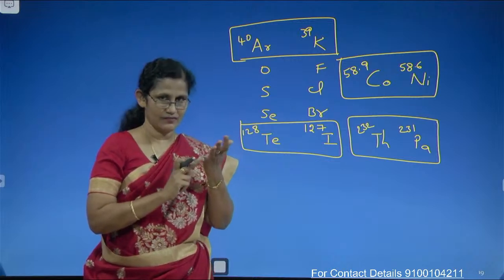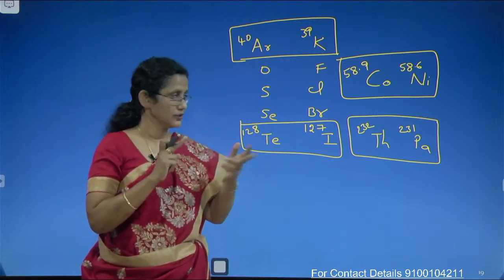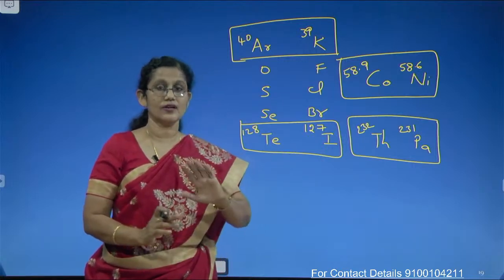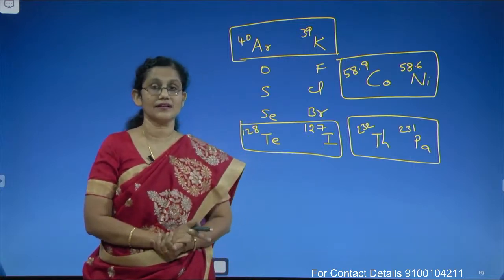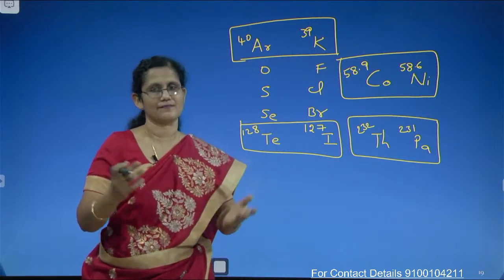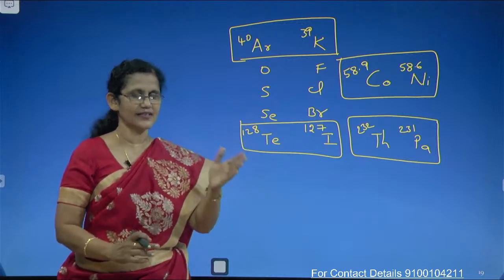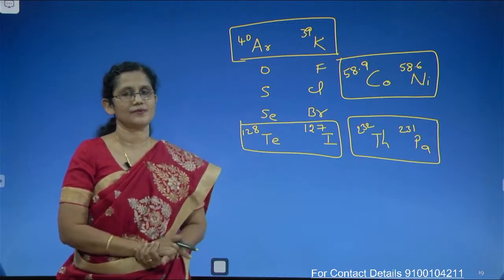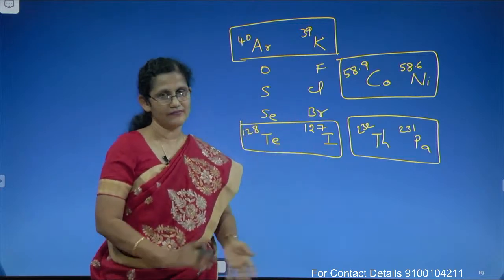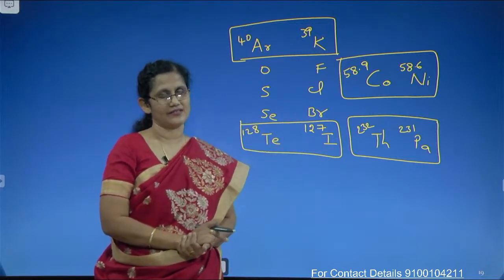Argon potassium, tellurium iodine, thorium protactinium, cobalt nickel. These are called anomalous pairs. What are anomalous properties? Anomalous, something different than expected. Instead of increase, there is a decrease, anomalous property. So, there are here and there 4 pairs of elements, anomalous pairs, right.